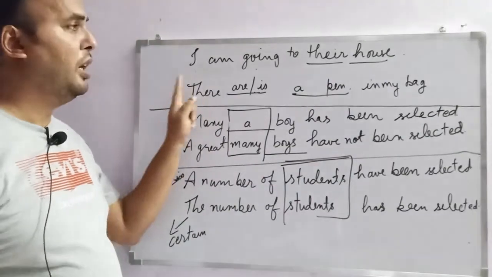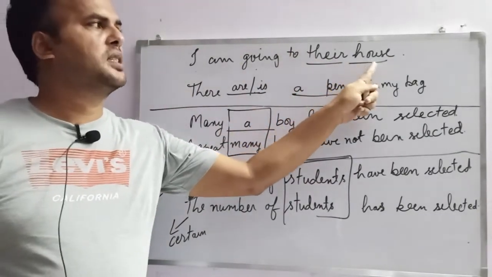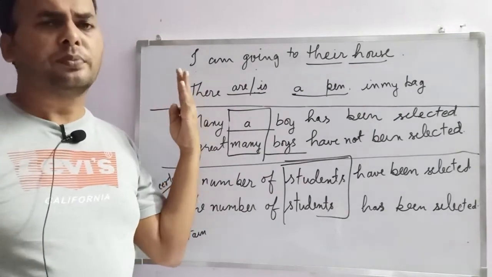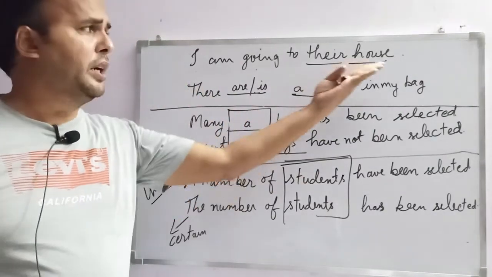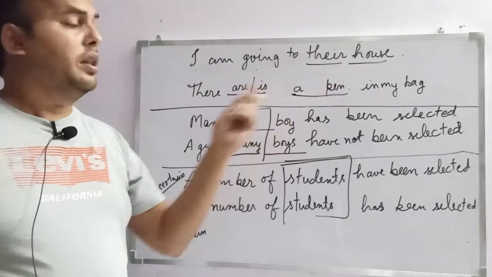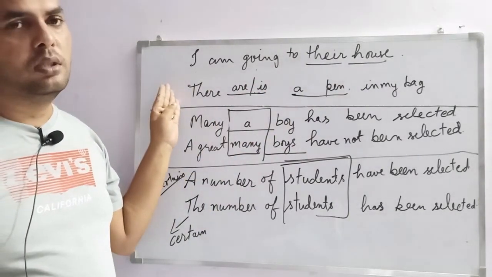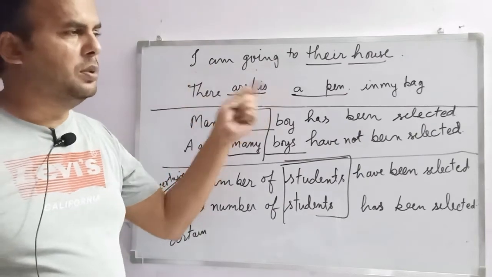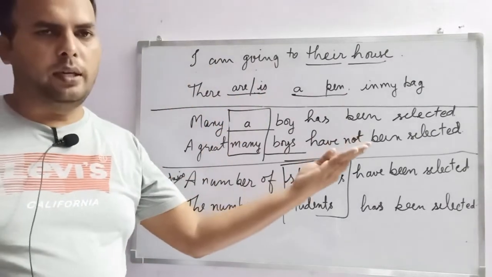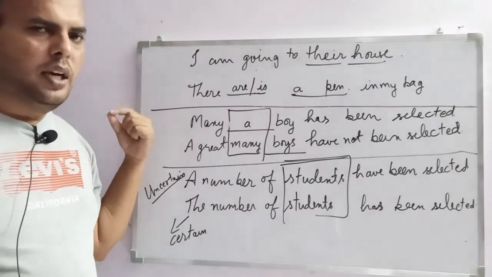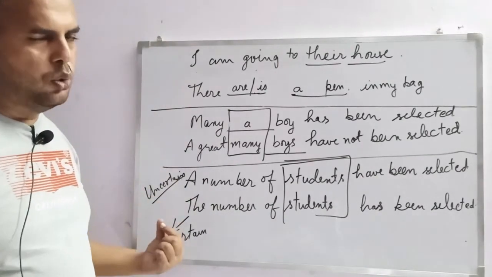Sounds the same. Their comes for possessive pronoun. There is a demonstrative pronoun. Both are pronouns. There can also be used as an adverb. I am going there.